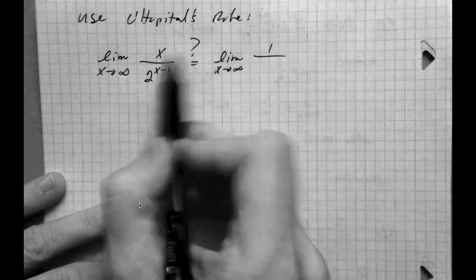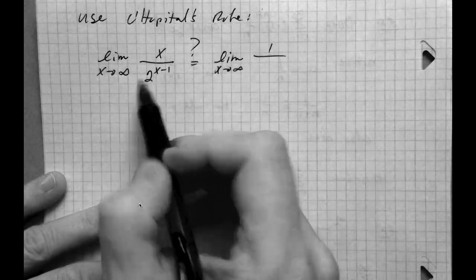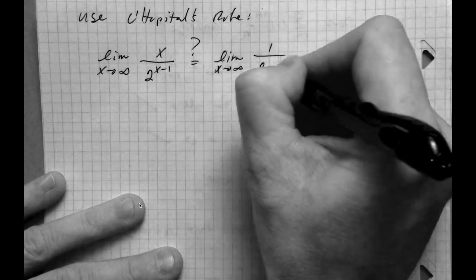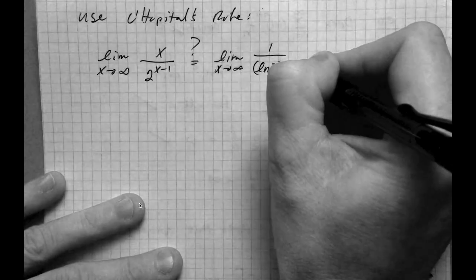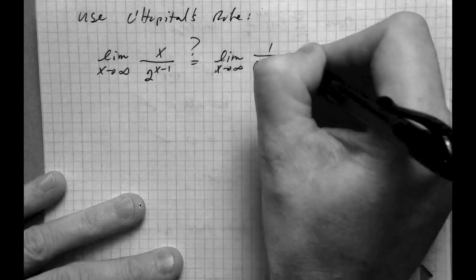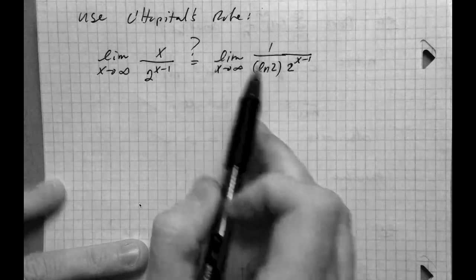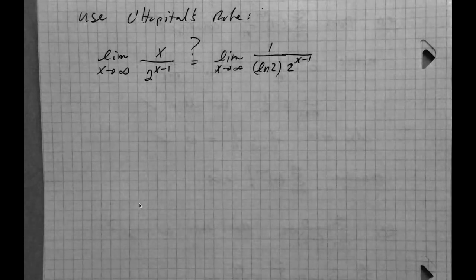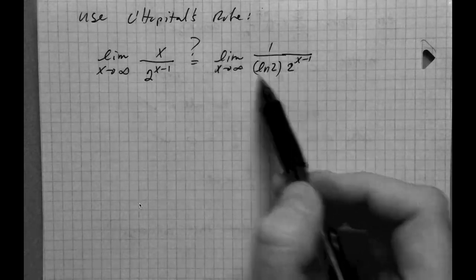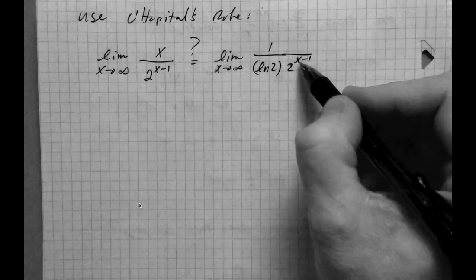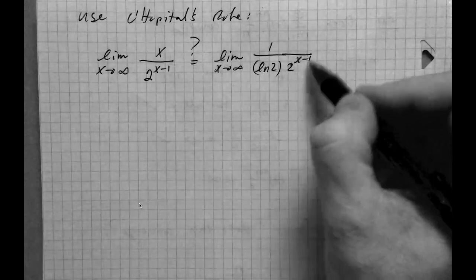So the derivative of x is 1. Now what's the derivative of this? Well, you may recall it's natural log of 2 times 2 to the x minus 1 power. And so now we have a form that is not an indeterminate form, right? So this limit will be 0, because the denominator is going to grow without bound.